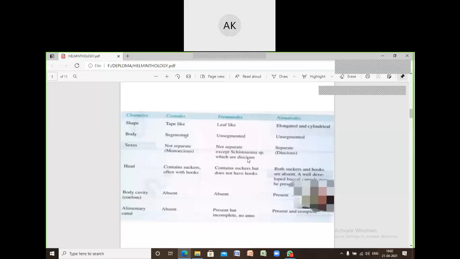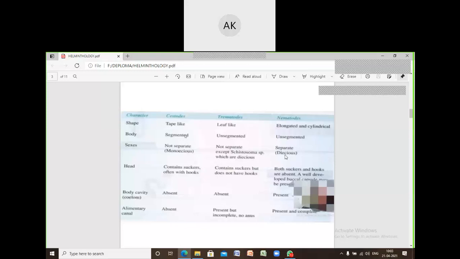Cestodes and trematodes, since they are under platyhelminths, are both monoecious, so they are not separated. Both male and female sex organelles are present in one body. But in nematodes, the female parasite is separated and the male sexes are separated.